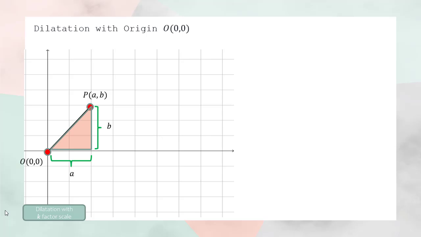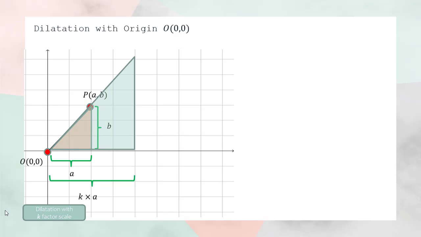And if you want to dilate this right triangle to make it bigger with scale factor k, the leg of the big triangle will be k times bigger than the previous leg. So k times a.